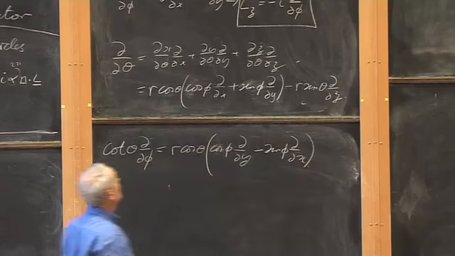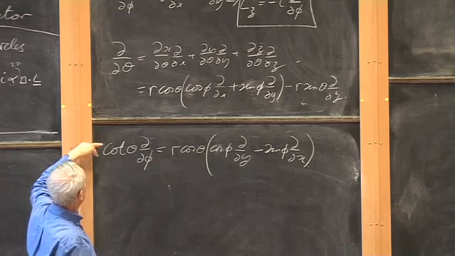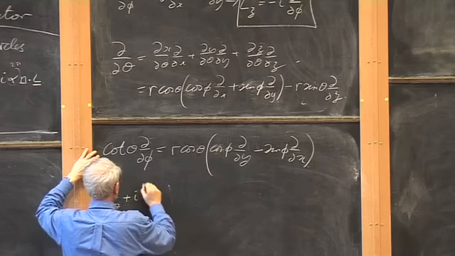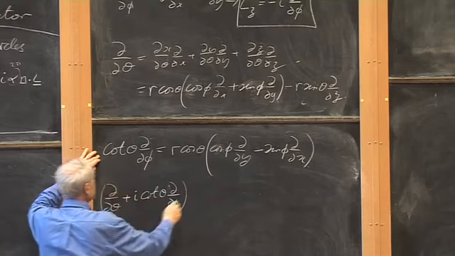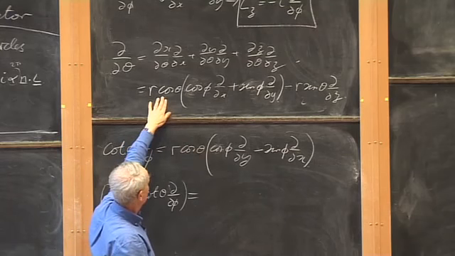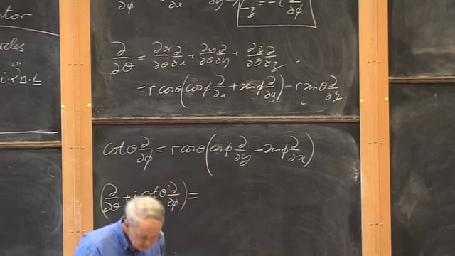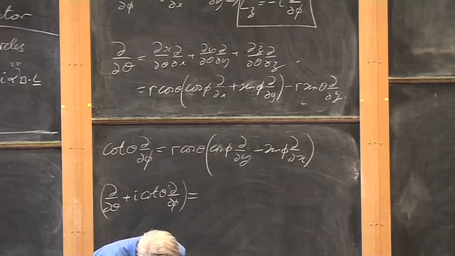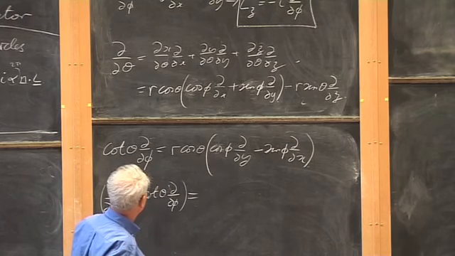That's it, right. So what we now do, just again for the fun of it, is take d by d theta and add on i times this. So we look at d by d theta plus i times cot theta d by d phi. What happens then? We have r cos theta as a common factor.